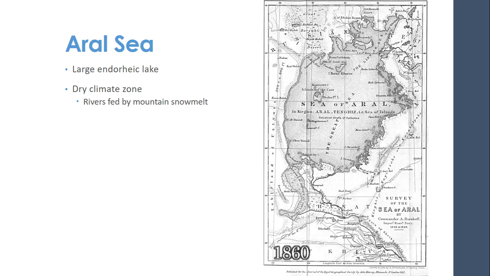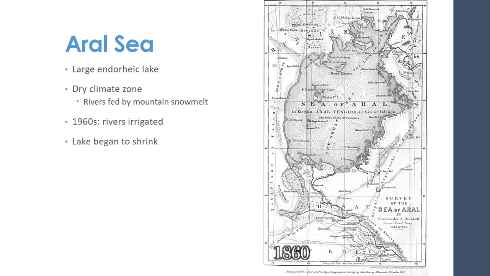The rivers that fed the lake were primarily fed by mountain snowmelt happening in another place and then flowing down. In the 1960s, the rivers were used for irrigation, so a lot of water was being taken out of those rivers in order to irrigate to grow cotton. If you know anything about cotton, it's an extremely water-intensive crop.